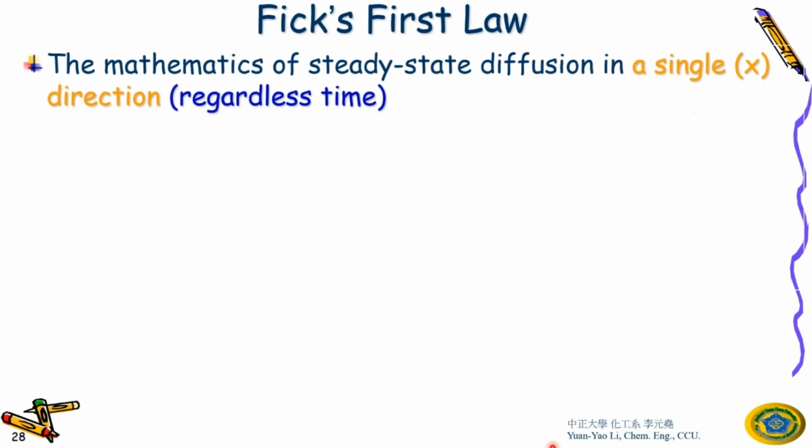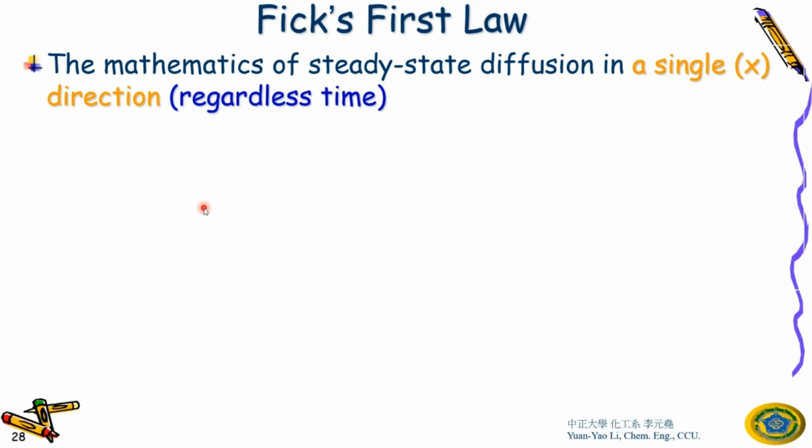Right. So Fick's first law is the mathematics of the steady state diffusion in a single x direction. So you only have a very simple case, only one direction. However, in reality, you have three directions, with time. So you have four dimensions to think of: x, y, z, and time.